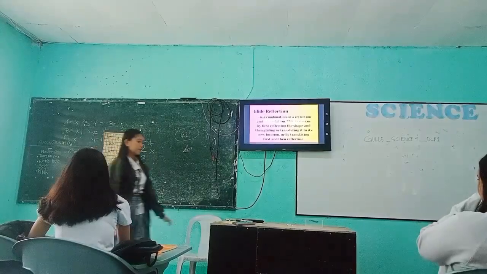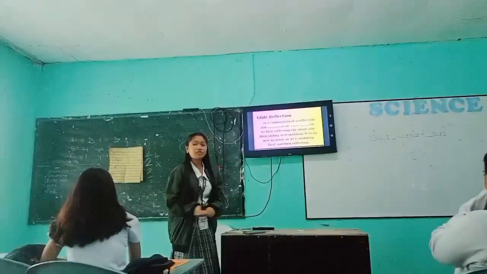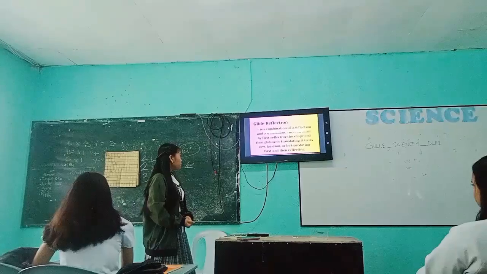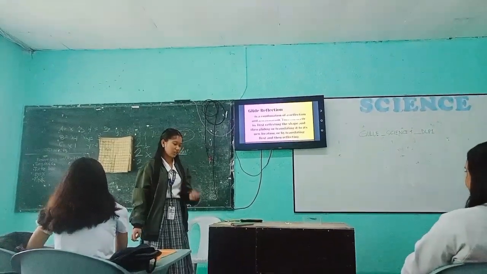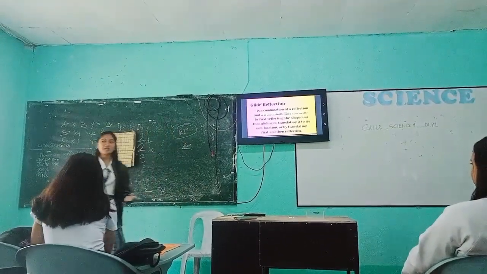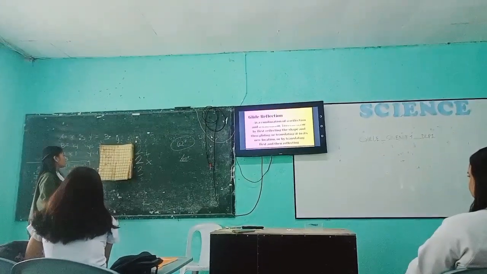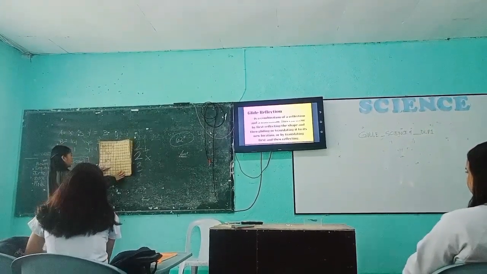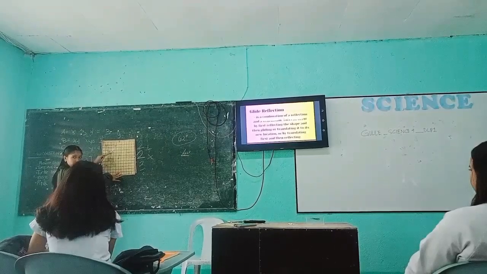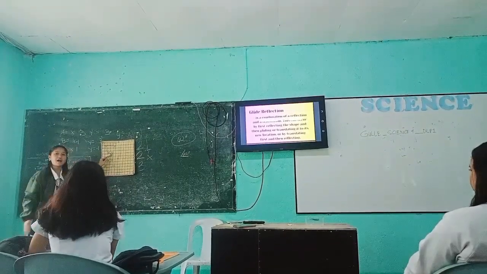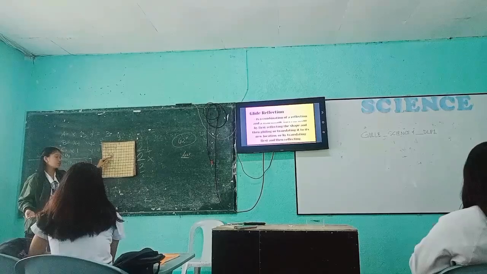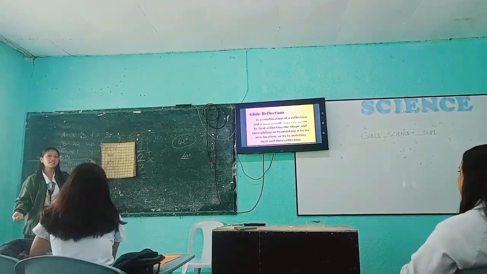Okay. So, glide reflection is a combination of reflection and translation. So first, ang gagawin natin is i-reflect natin si pentagon here. And then, after we reflect the shape, then we do the translation.